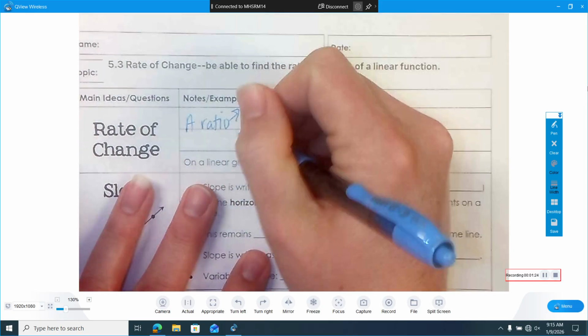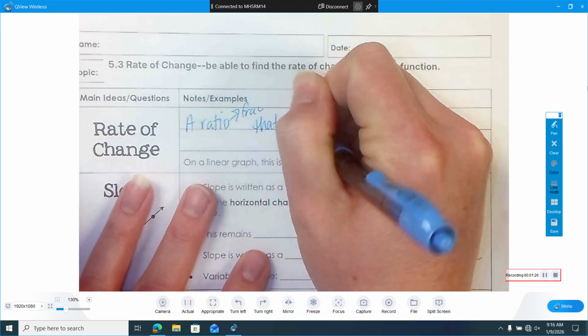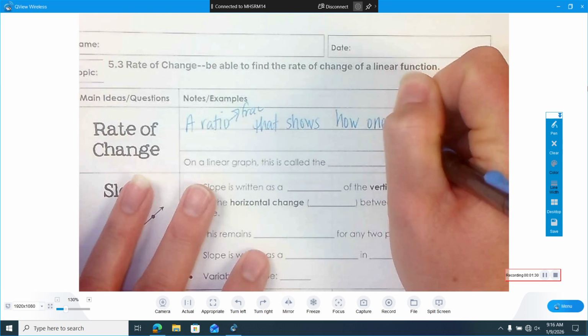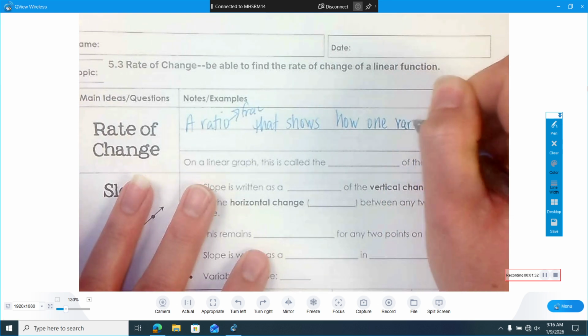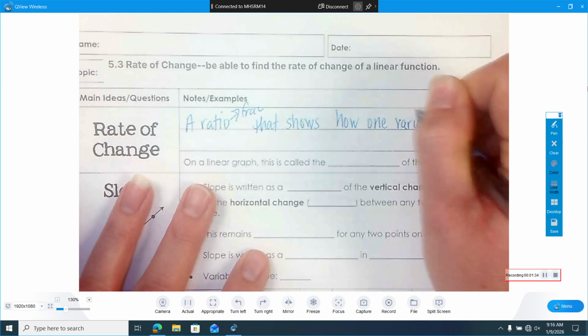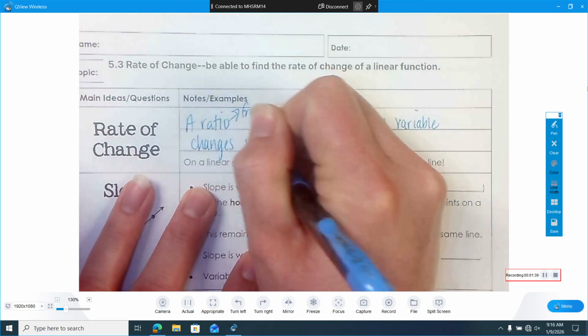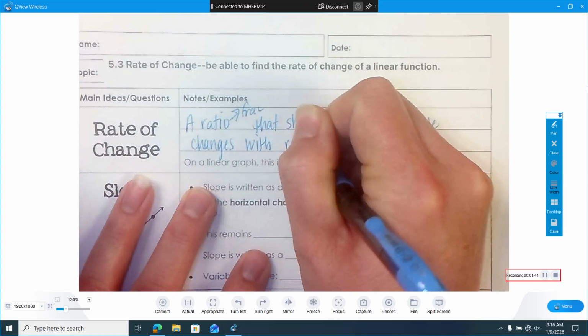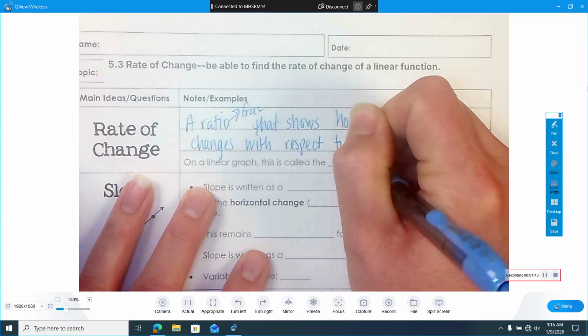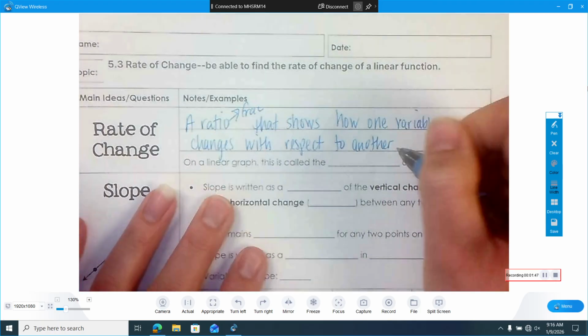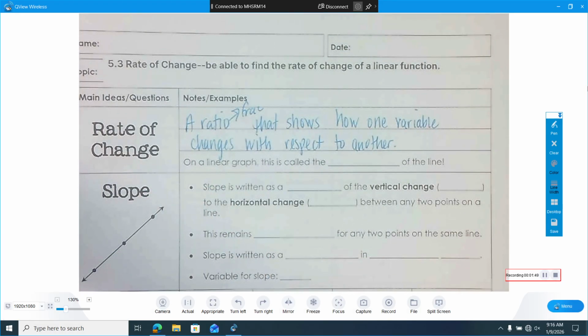A ratio that shows how one variable changes with respect to another. It is a fraction or ratio that shows how one variable changes with respect to another.